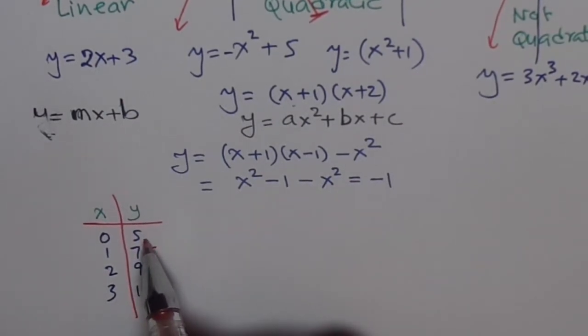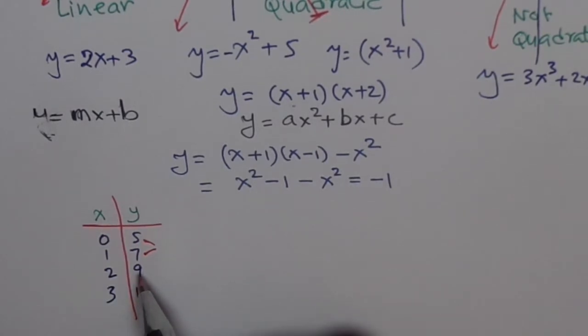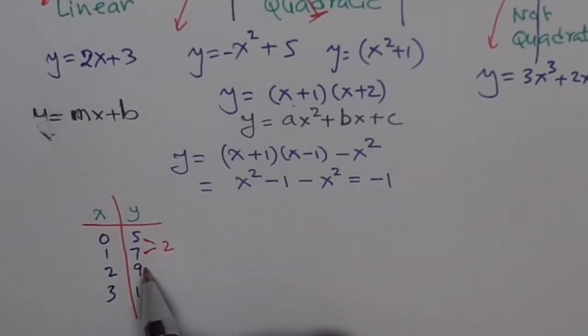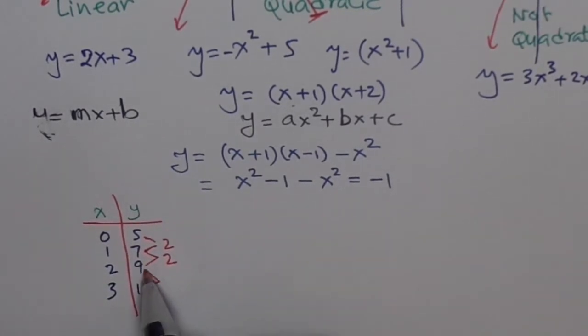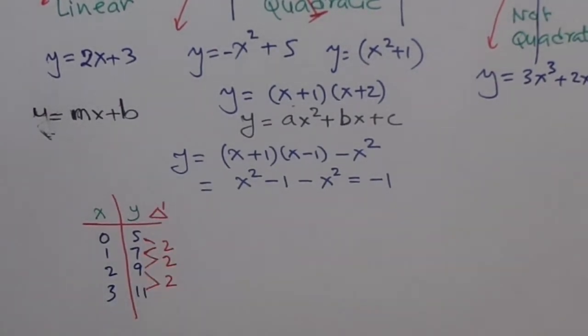First difference is y2 minus y1. Think like this: difference between consecutive dependent values. So 7 minus 5 is how much? 2, correct? And similarly 9 minus 7, 2. 11 minus 9, 2. This is called first difference. I am writing it like delta 1.